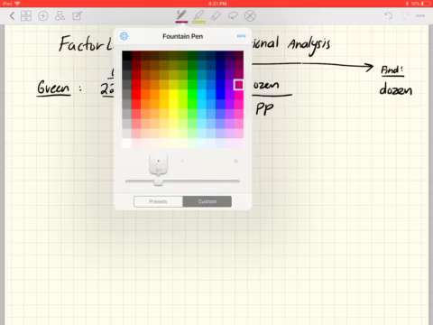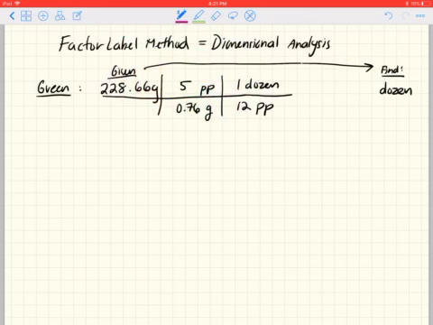I'm going through this a little bit faster this time just because you've seen this a lot already, but I want to take a moment just to show you how the units cancel out diagonally, which is what I want, and these also cancel out diagonally, leaving me with dozen, which is exactly what I want, since that's what I want to end with.